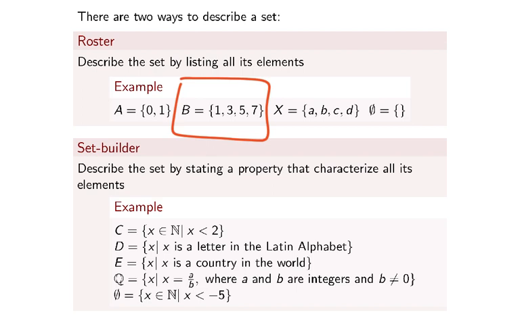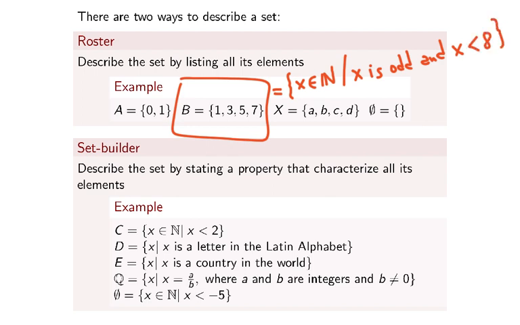So you could say that the set B is actually the set of the natural numbers x such that x is odd and x is less than 8.